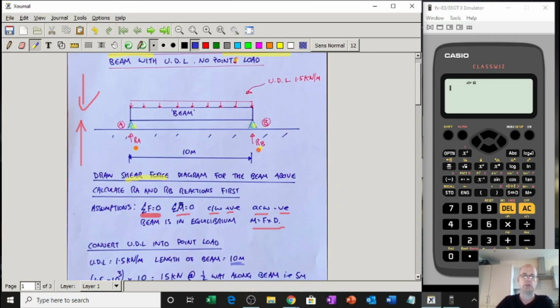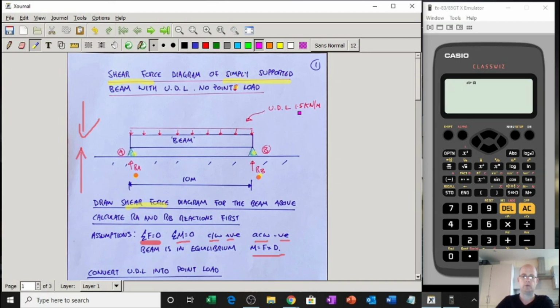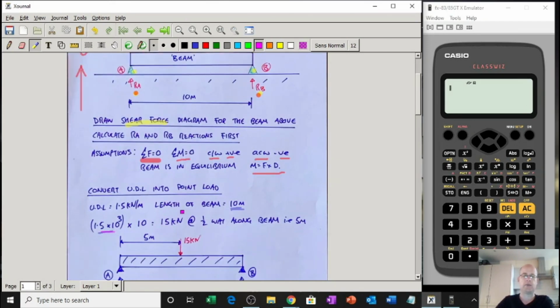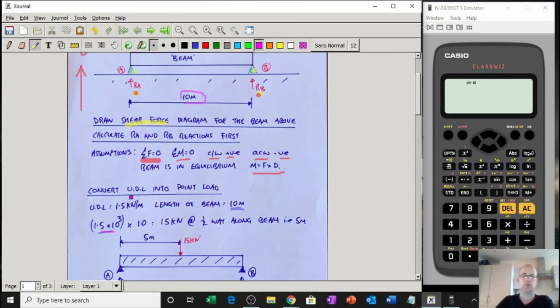So the equivalent point load is 1.5 times 10 to the 3, times the length that the UDL acts over. In this case, it's acting over the entire length of the beam, which is 10. So to convert this UDL into a point load, we'll just multiply that 1.5 kilo by 10.